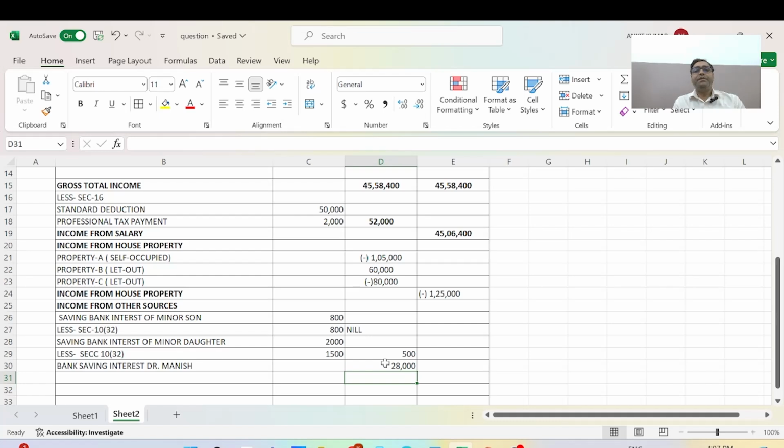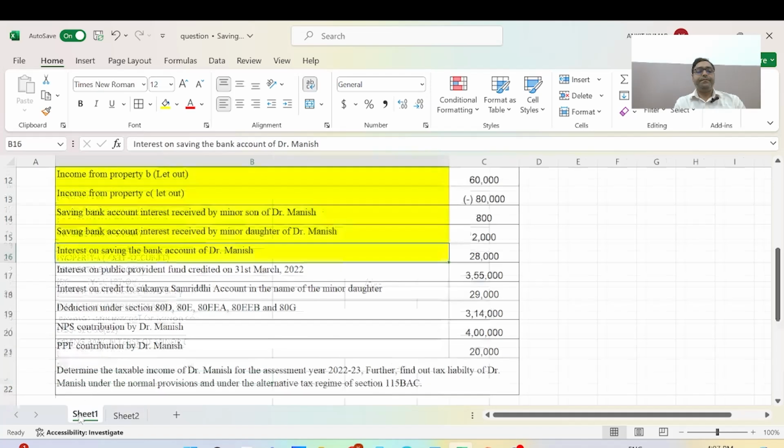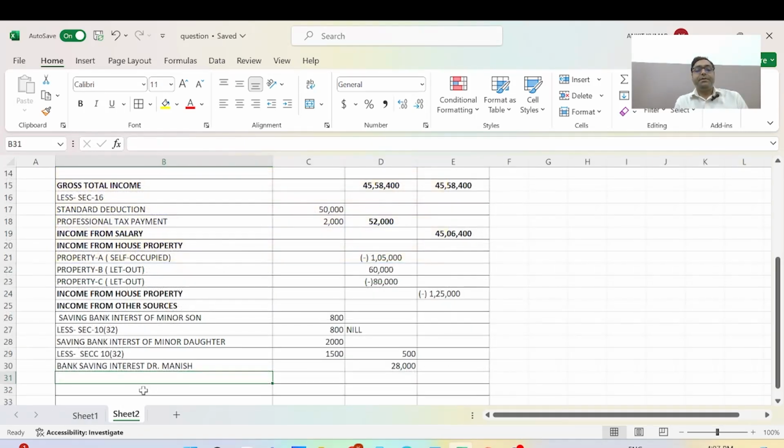Now the interest on the PPF account, credited on 31st March, is 3,55,000.